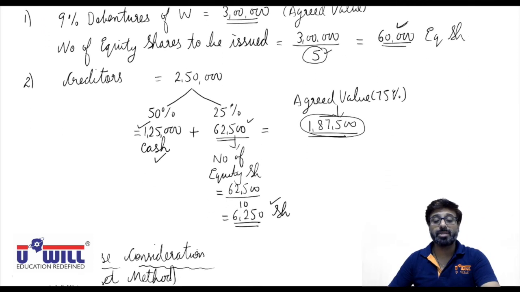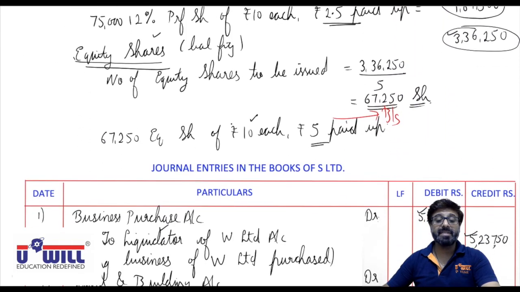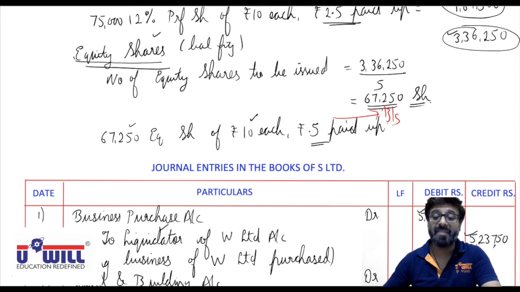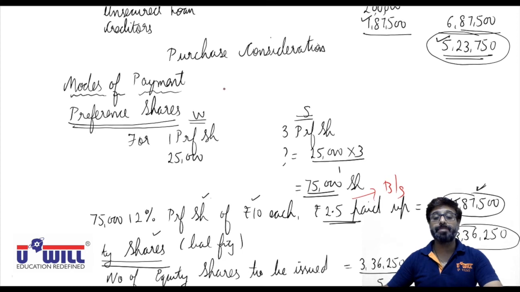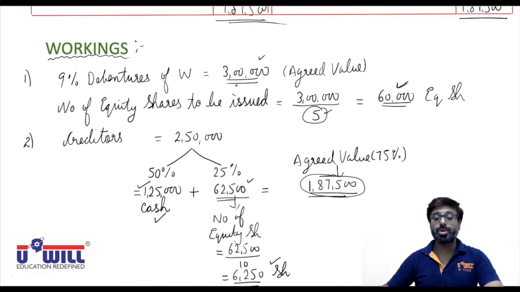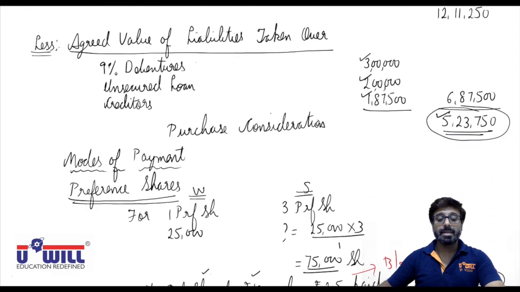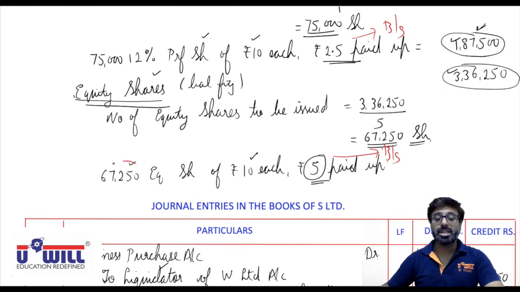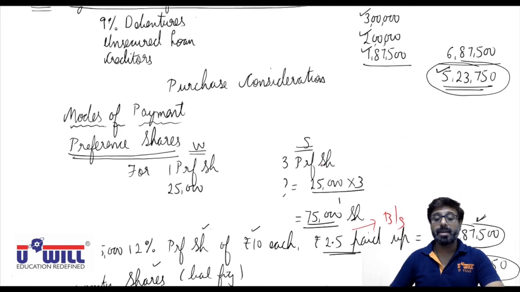Then 67,250 equity shares, again 5 paid up. So we can combine them: 60,000 equity shares of 5 paid up which are issued to debenture holders plus 67,250 equity shares of 10 each, 5 paid up. We can combine because both are 5 paid up.